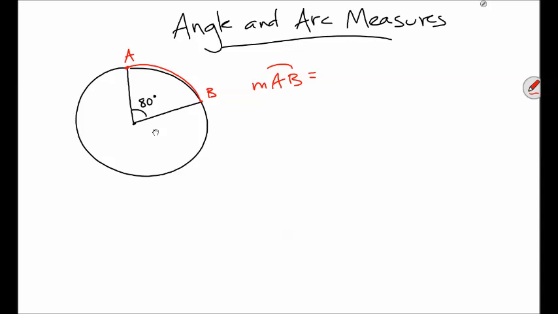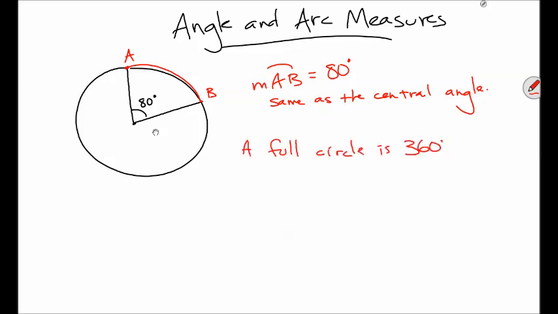And the measure of arc AB is the same as the central angle, which means that a full circle will have an angle measure of 360 degrees, which I'm hoping makes sense. Okay, now let's talk. The key, most important piece of this entire lesson has to do with inscribed angles.